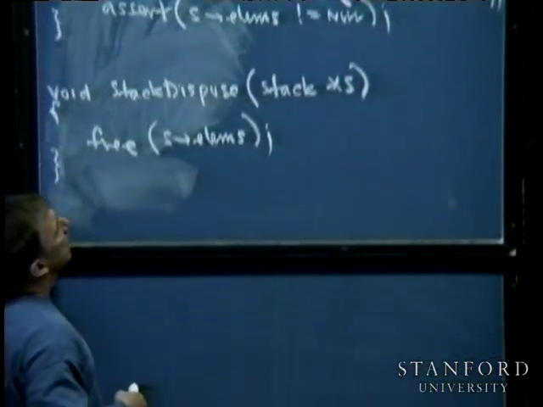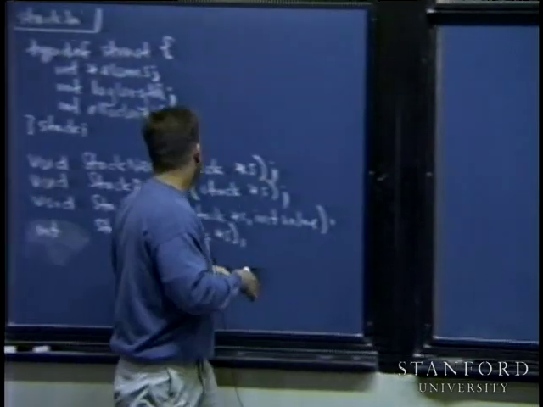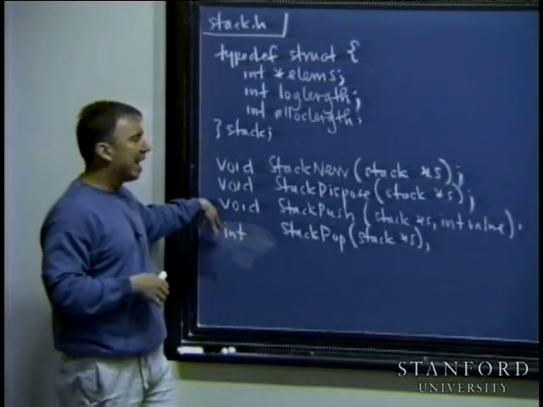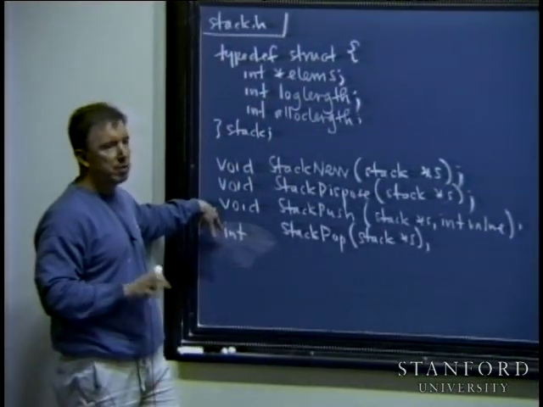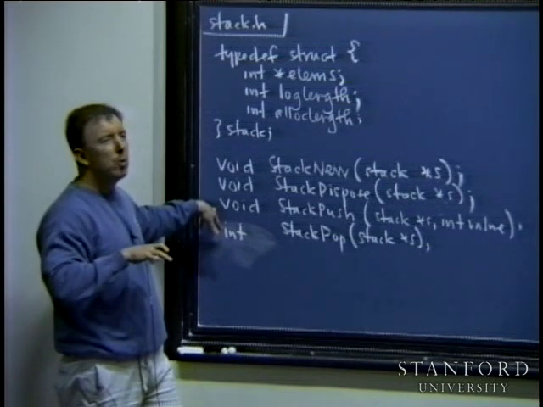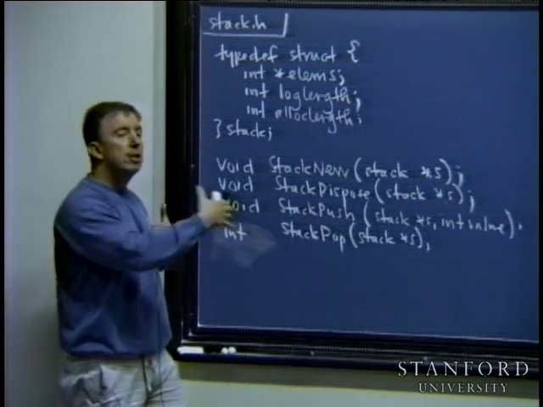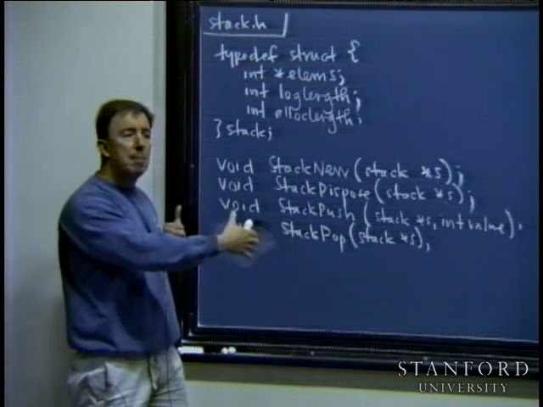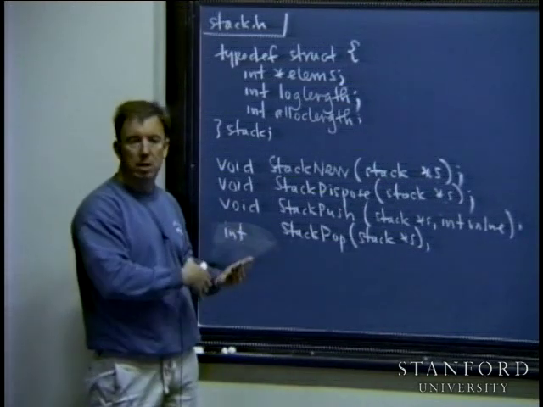The most interesting of the four functions is the stack push, and it's interesting not because of the algorithm to put an integer at the end of the array, but the algorithm that's in place to manage the extension of what's been allocated to be that much bigger because you've saturated what's already there.